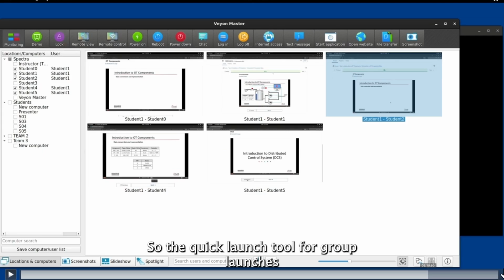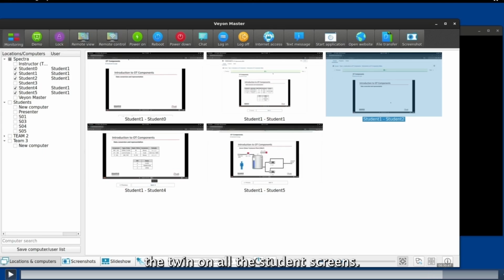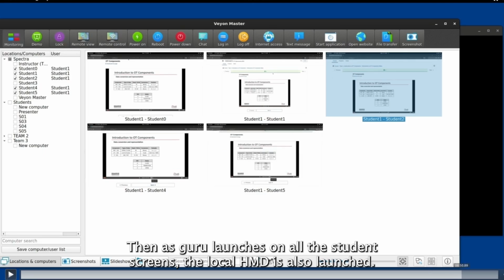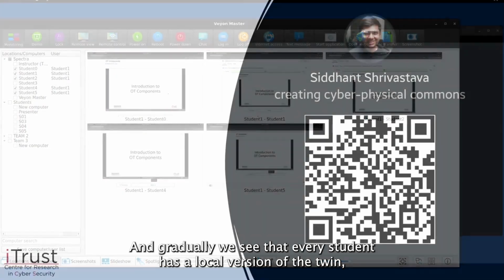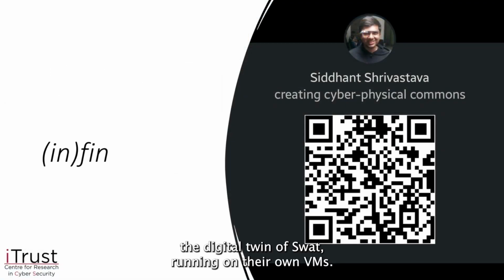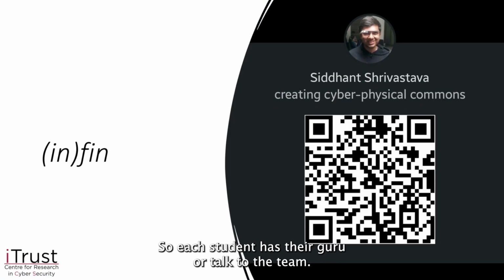Yeah, so the quick launch tool for GURU launches the twin on all the student screens. Then as GURU launches on all the student screens, the local HMI is also launched. And gradually we see that every student has a local version of the twin, the digital twin of SWaT, running on their own VMs.